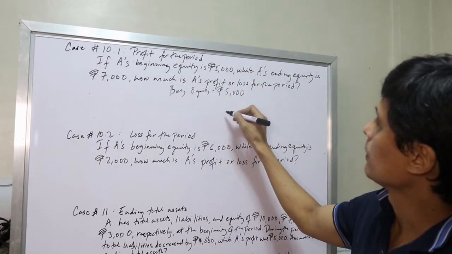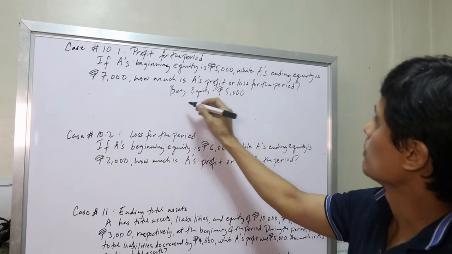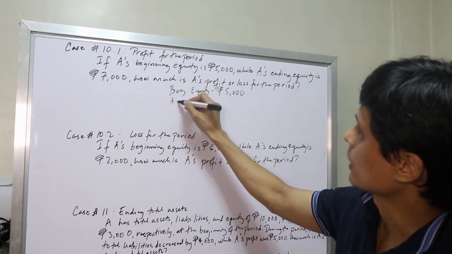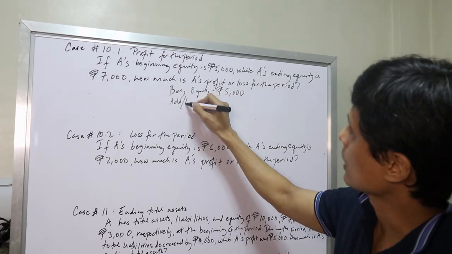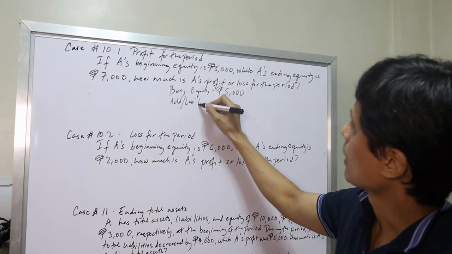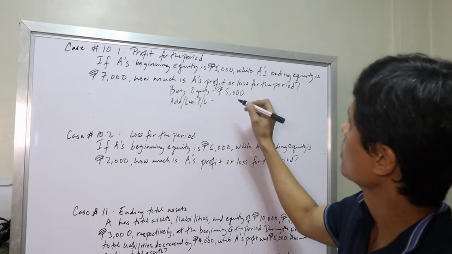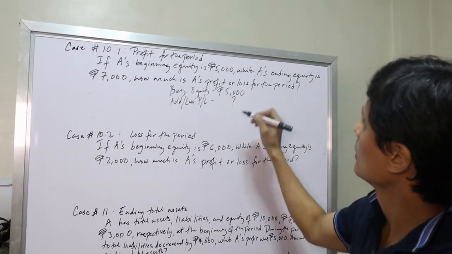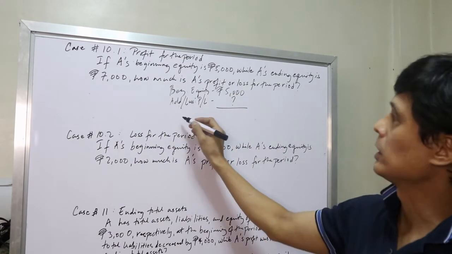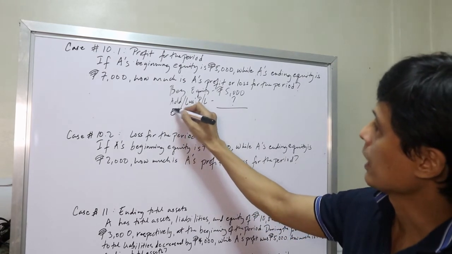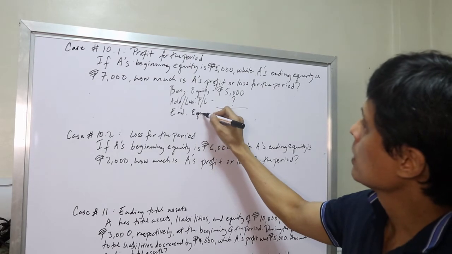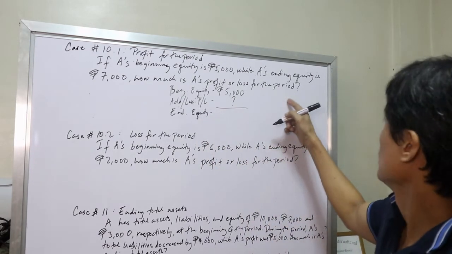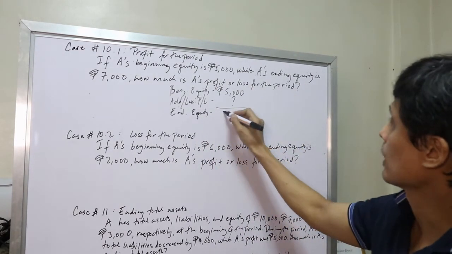And this one is the profit or loss. So this one is either add or minus or less profit or loss. So wala pa yan. And this one is the ending equity. The ending equity is 7,000.